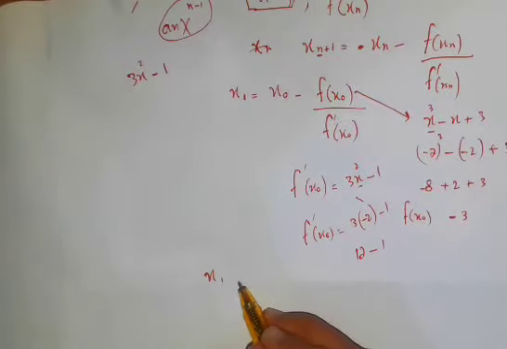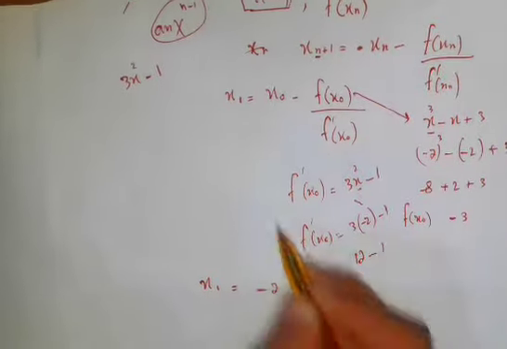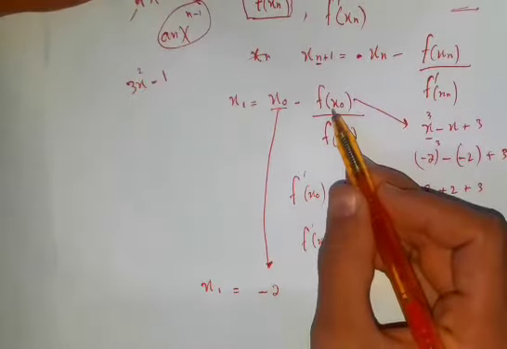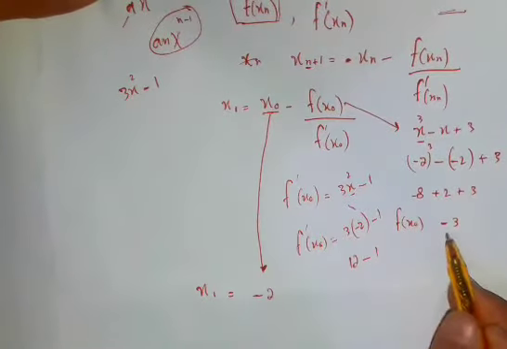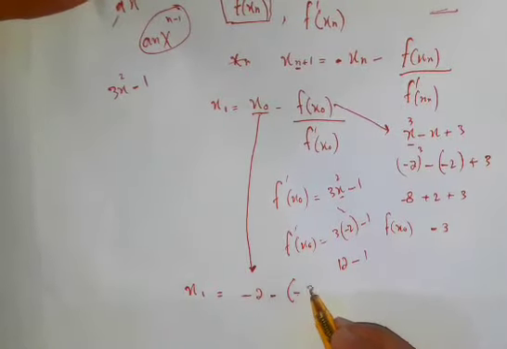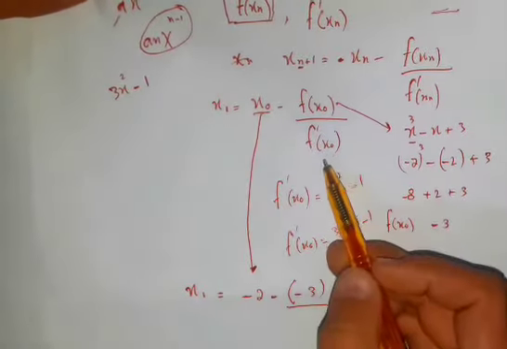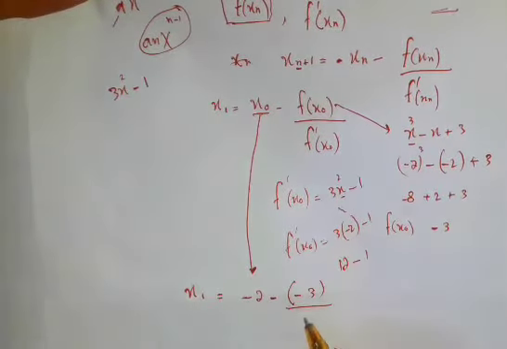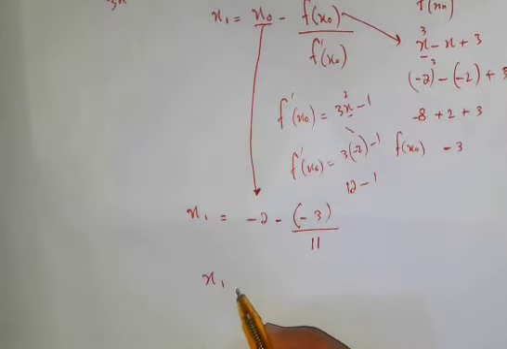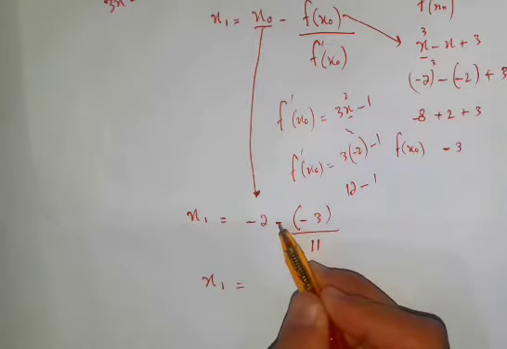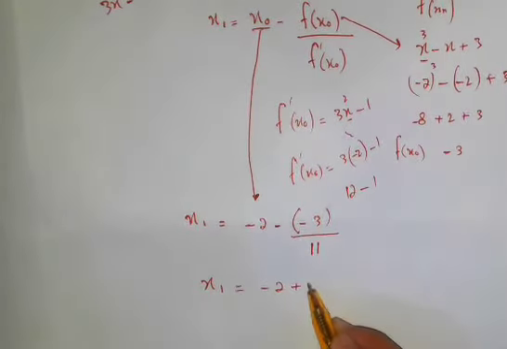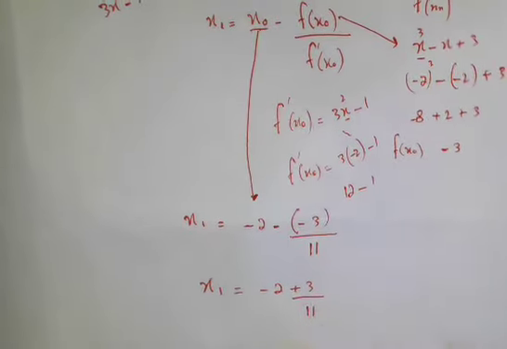So x1 is equal to minus 2, because x naught is minus 2 here, and f of x naught is equal to minus 3, and there is the minus in the formula, so this becomes minus minus 3, and f derivative of x naught is equal to 11. If I solve this, x1 is equal to, because minus and minus give a positive value, minus 2 plus 3 divided by 11.